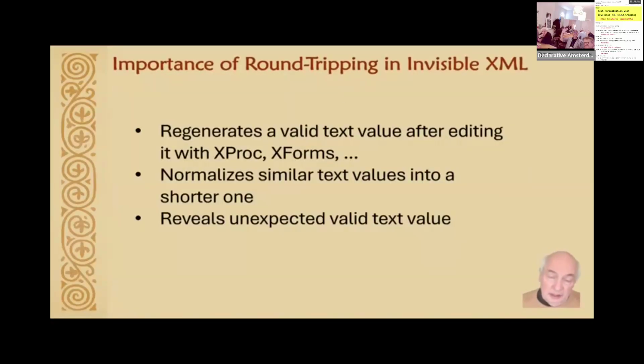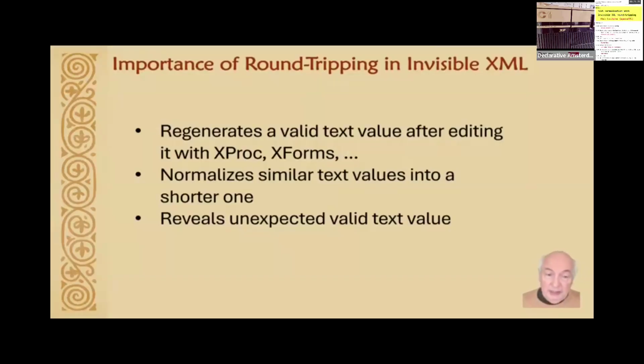Roundtripping is quite important with Invisible XML because usually there are contexts where text values have to be edited, and we might use XProc, XForms, any language for that, and we want to generate it back after editing.